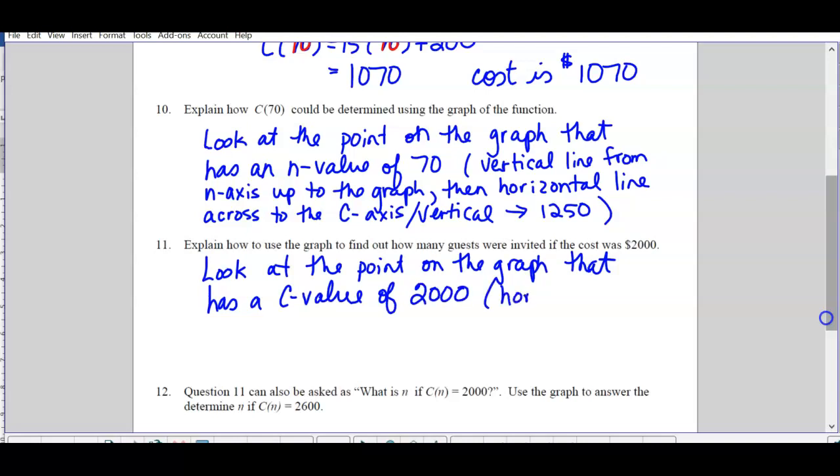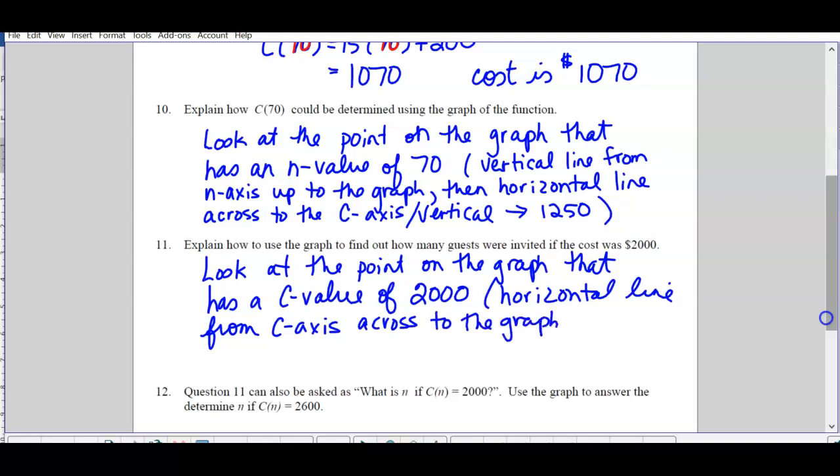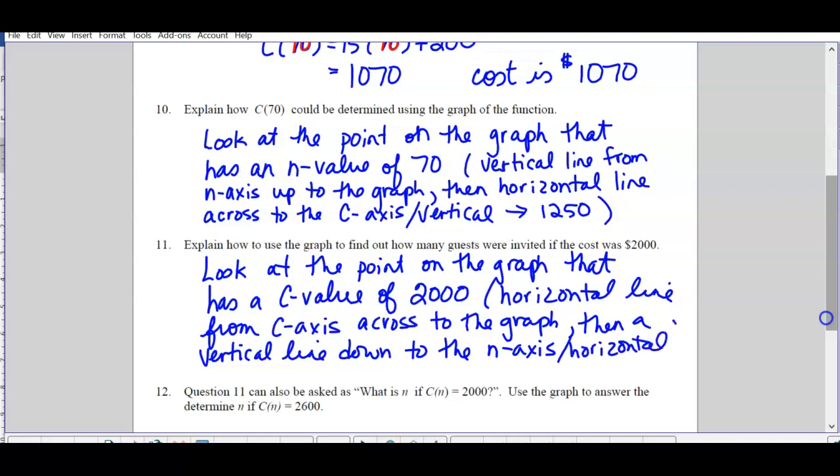So that's a horizontal line from the C axis across to the graph. Then a vertical line down to the N axis, which is the horizontal axis. Okay.